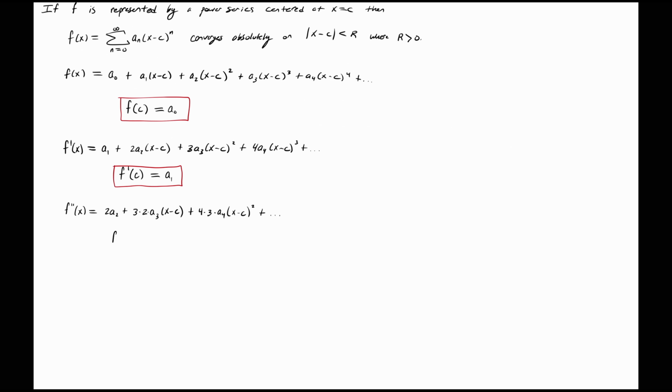Plugging in x equals c again, for f double prime, all of these terms zero out, and we're left with 2a2. So 2a2, which implies that a2 is actually f double prime of c divided by 2.